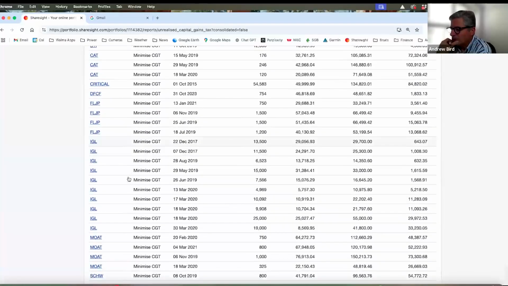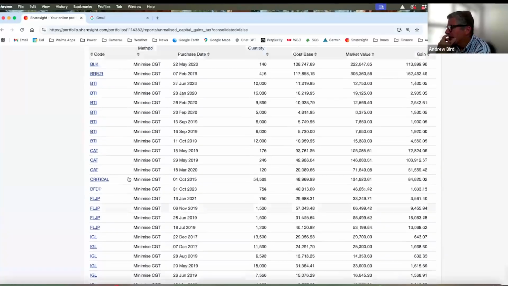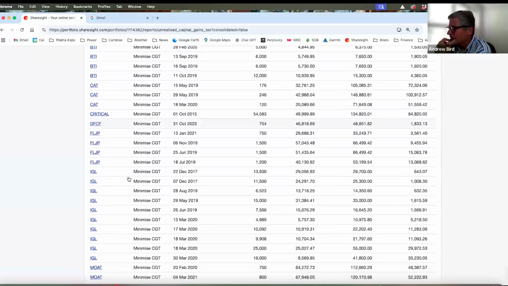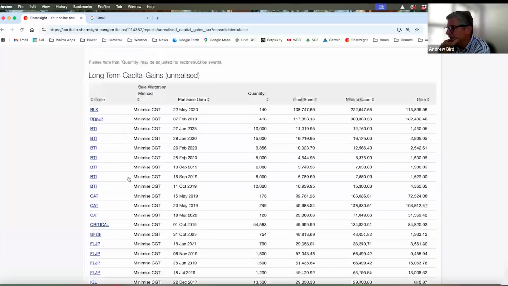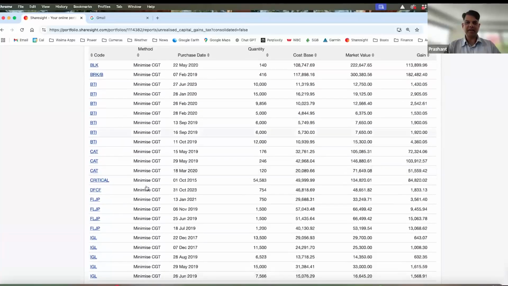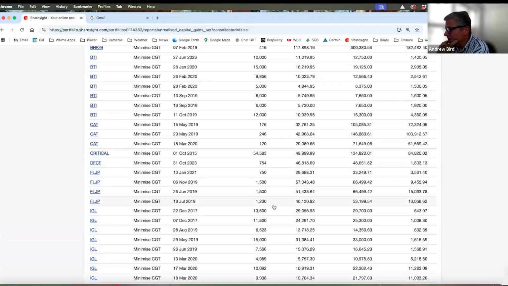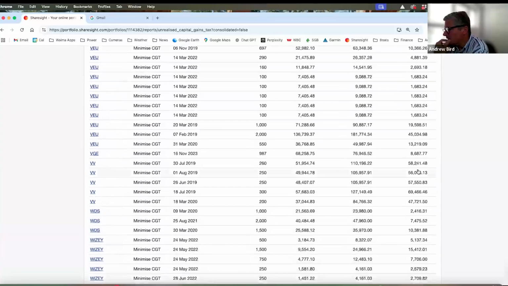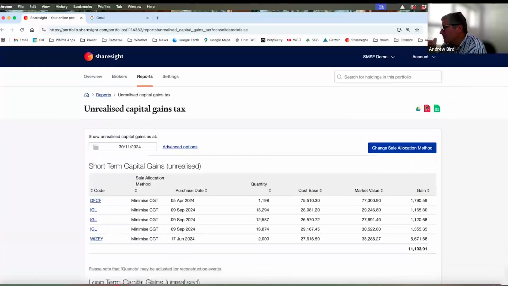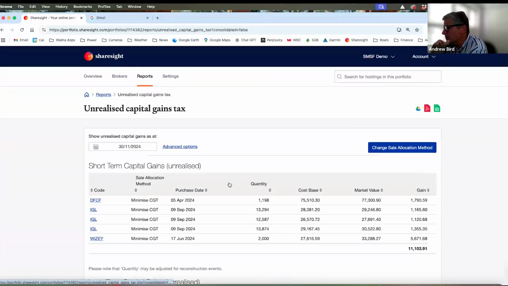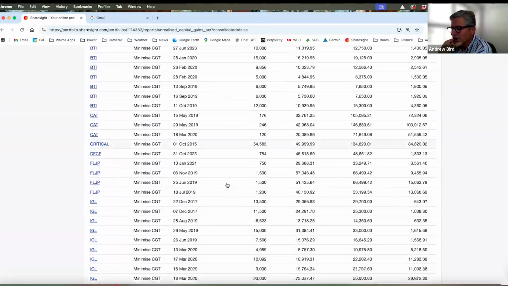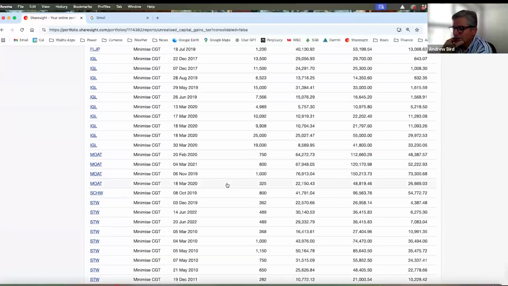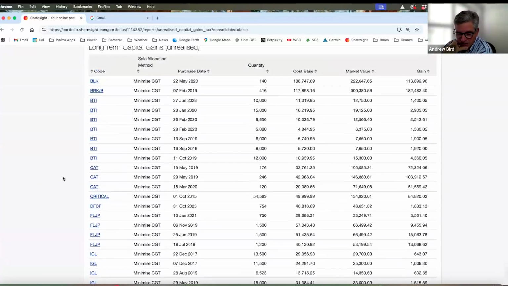If you're saying you'd like to be able to group it and filter it by stock, I actually agree on that one. This shows every parcel effectively, what would be sold and what the profit is on each parcel. You can export it to a spreadsheet to filter or sort it if you want, but I don't disagree with the comment.